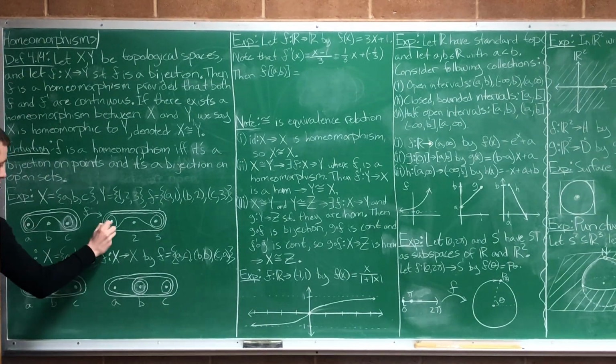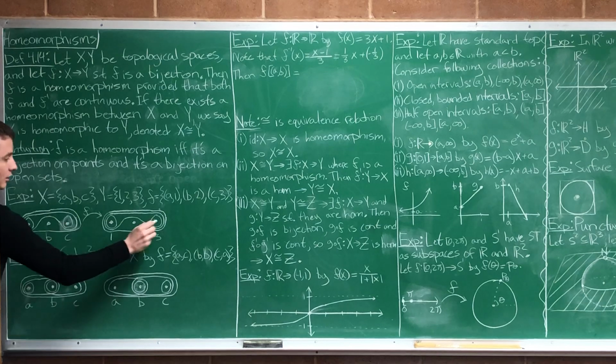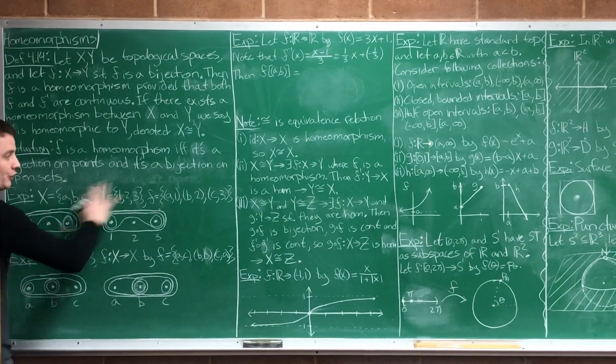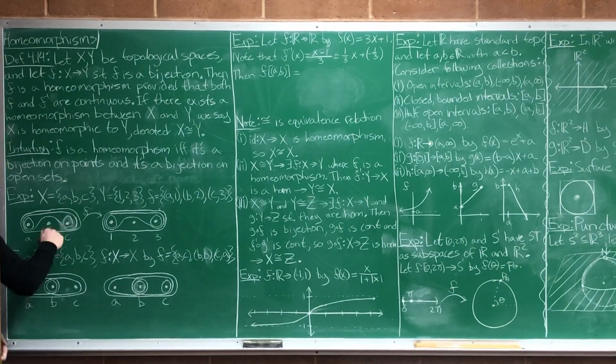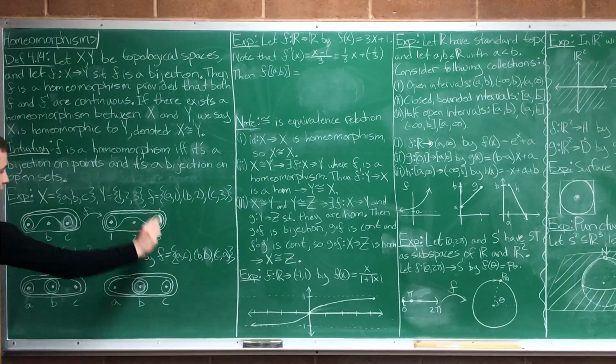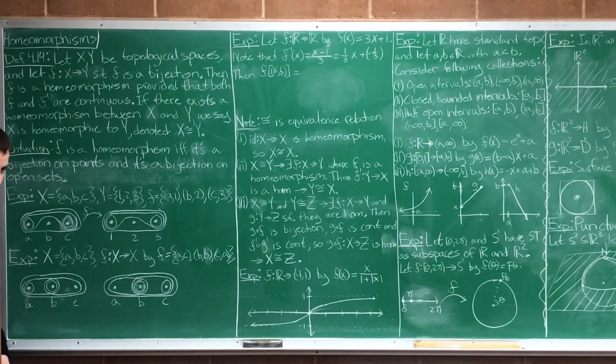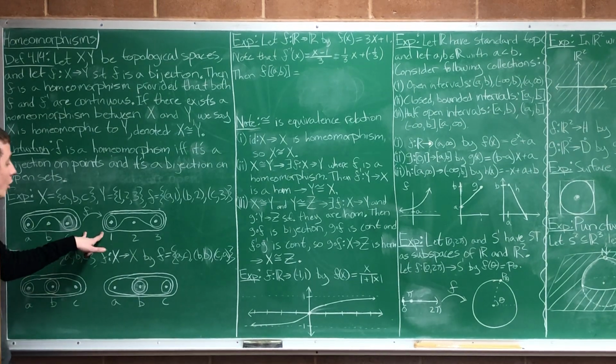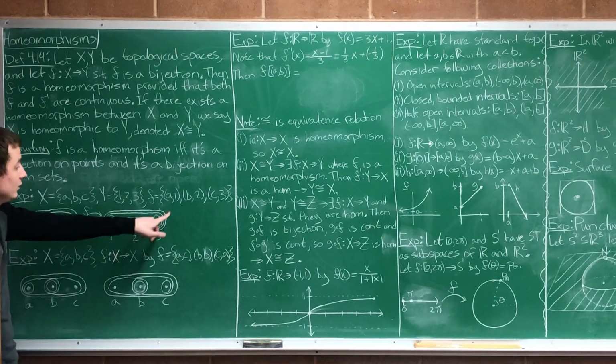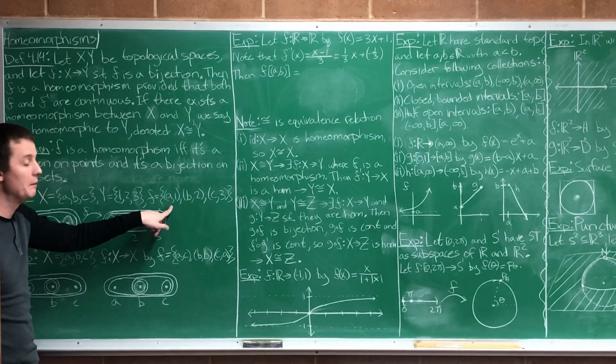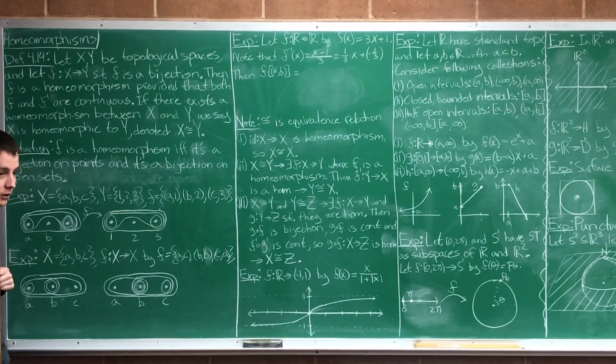If we map a to 1, b to 2, and c to 3, then you can see, obviously we're going to map this open set to this open set, this open set to this open set, and so on. So here's an example of two homeomorphic topologies, and here is the homeomorphism that proves that they're homeomorphic.